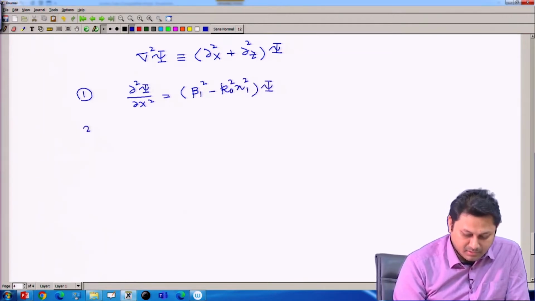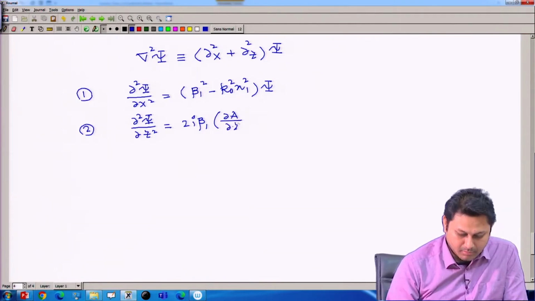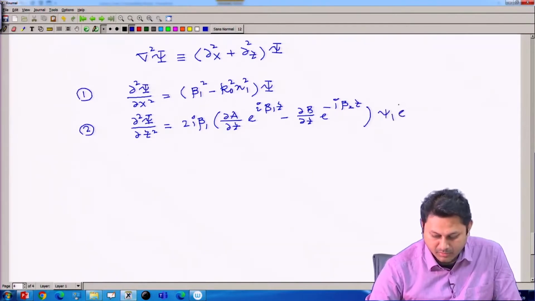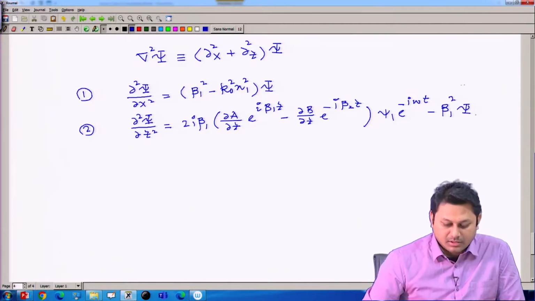That was one equation we derived, and the second equation that we derived is this: dA/dz e to the power of i beta 1 z minus dB/dz e to the power of minus i beta 2 z, then psi 1 e to the power of minus i omega t, and then minus beta 1 square big psi. That was the two equations we derived last time.